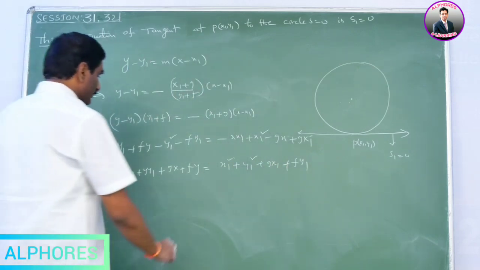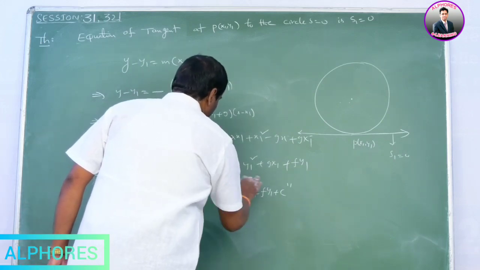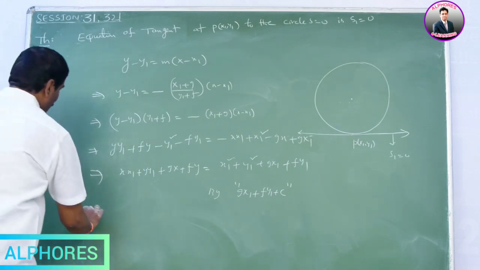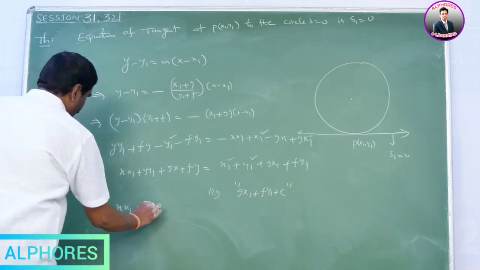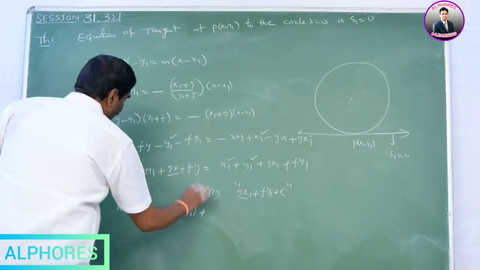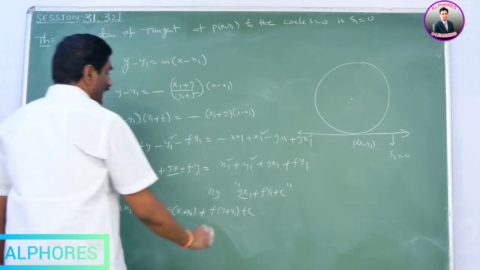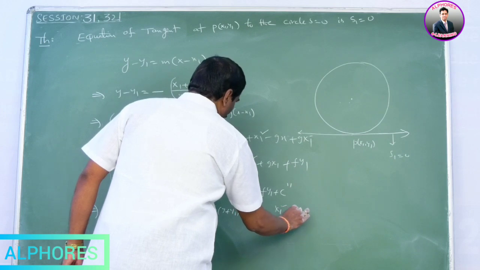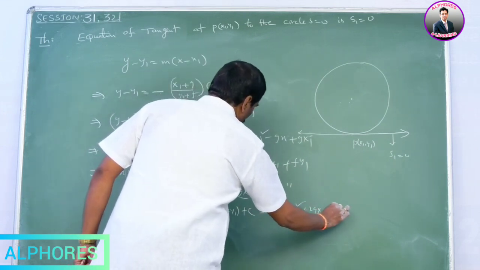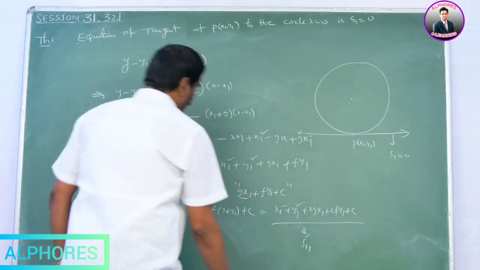By adding gx1 + fy1 + c on both sides, this equation can be reduced into xx1 + yy1 + gx + gx1, which means g of (x + x1), fy + fy1 means f of (y + y1), + c is equal to x1 square + y1 square + gx1 + gx1, means 2gx1, + 2fy1 + c. It is nothing but S11.